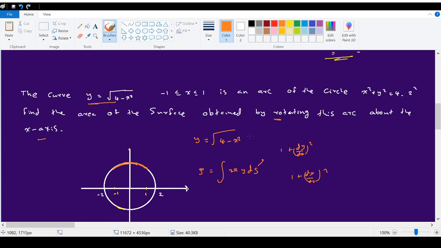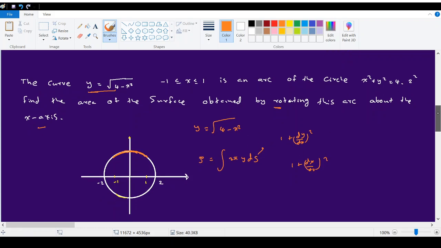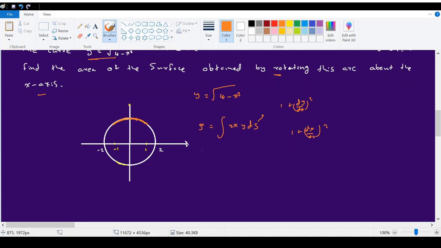In that case, I can easily compute dy by dx from the given formula, which is half times 4 minus x squared to the power of negative half, times negative 2x, right? And that is equal to negative x over the square root of 4 minus x squared, right? So I will plug this value into my ds, right?